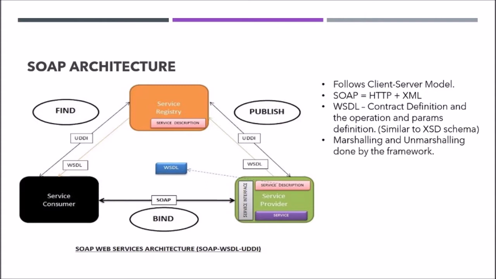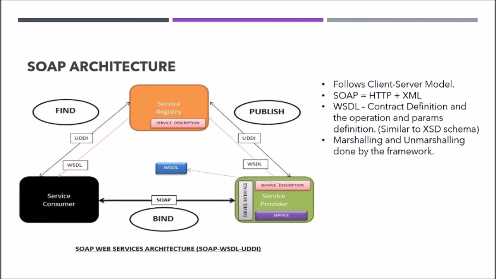There's another important concept called marshalling and unmarshalling, which will happen via the framework itself. Any framework you are going to use, like in .NET also, there will be an inbuilt framework for marshalling and unmarshalling.